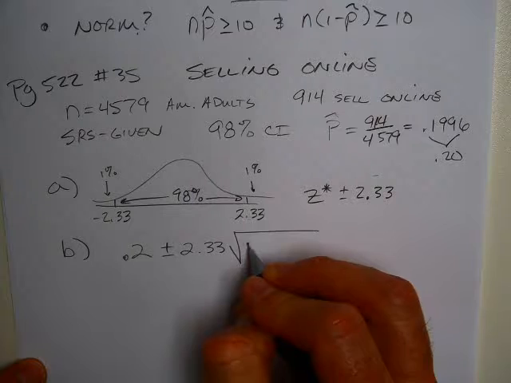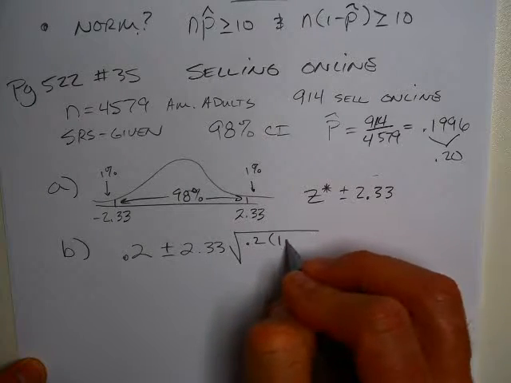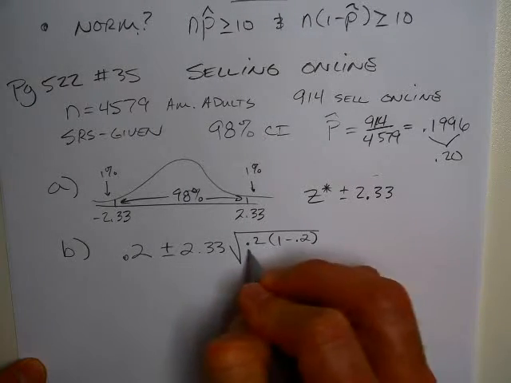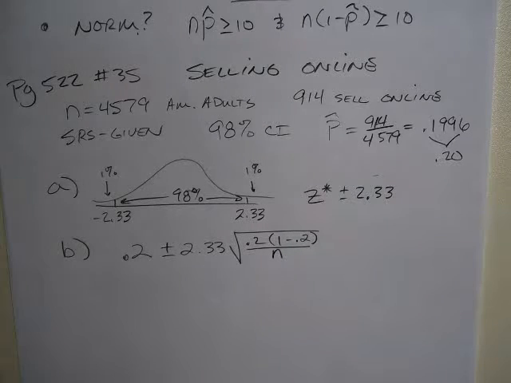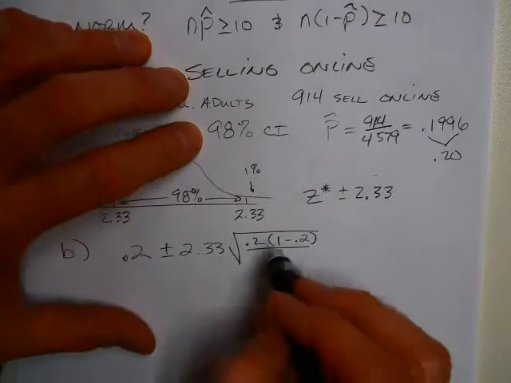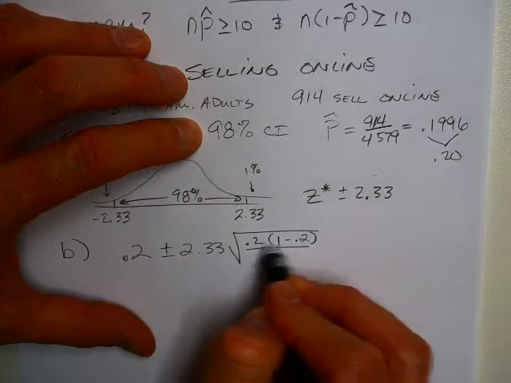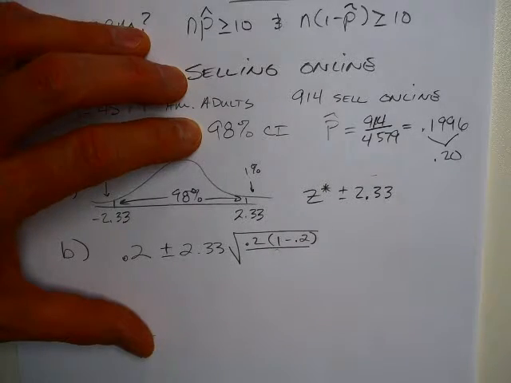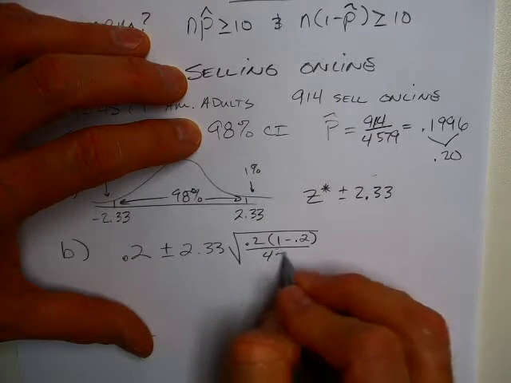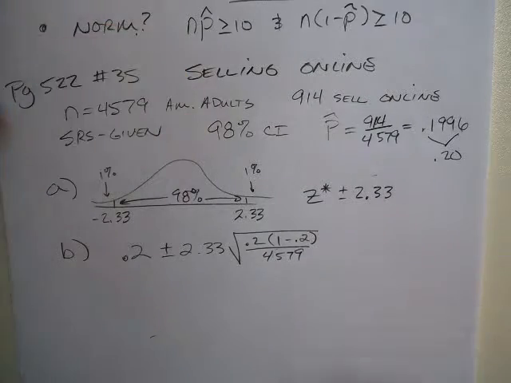So that's going to be my p-hat times 1 minus p-hat all over n. So I'm using that formula that I had on the other page. I know n. Why am I putting an n there? Getting behind myself. This should be 4579.